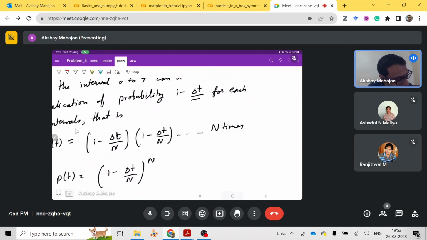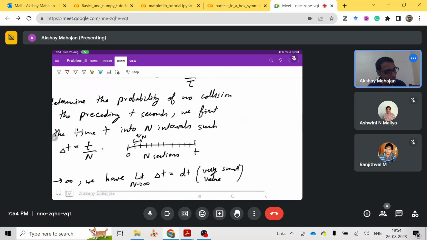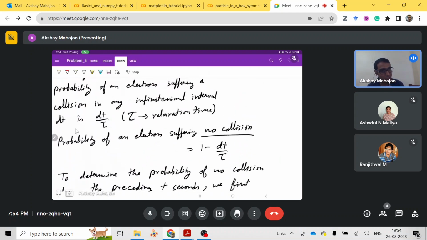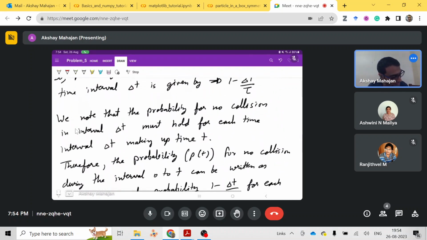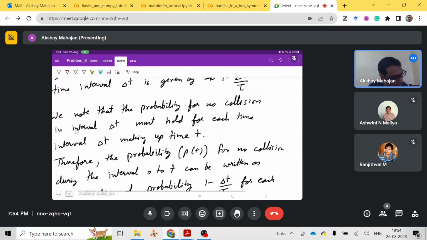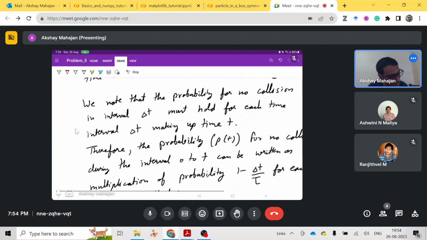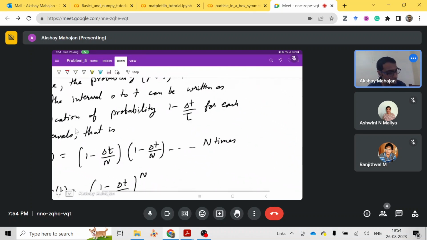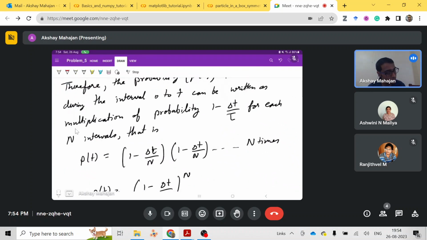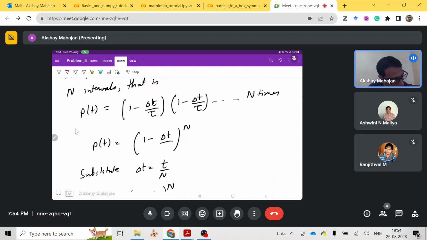So the probability was 1 minus delta t by tau. The probability that we have from the Drude model for no collision was 1 minus dt, the time interval, divided by tau, the relaxation time. I accidentally wrote it as n. So this is 1 minus delta t by tau, and we have to multiply this for each of these intervals that we have divided. So it will be 1 minus delta t by tau, n times, so it will be 1 minus delta t by tau to the power n.